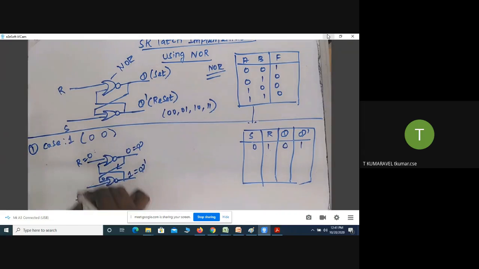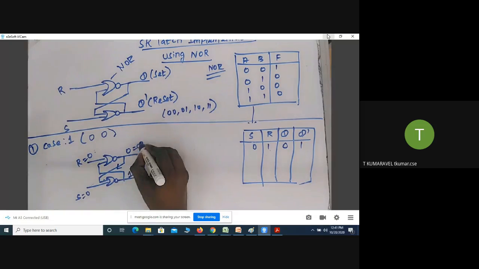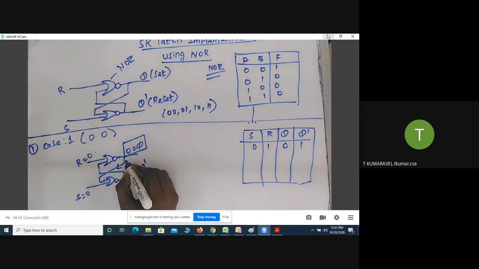Here both the inputs are 0, so we are unable to predict from either input. In such cases, the previous output value is the input for any one of the gates. You can take any order. Now I'm going to take this order.